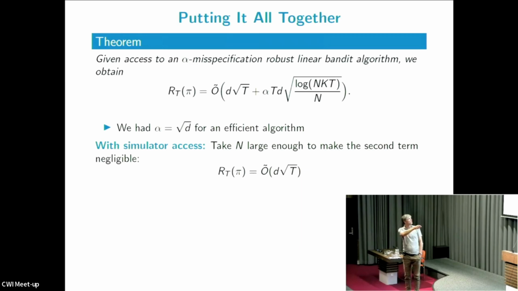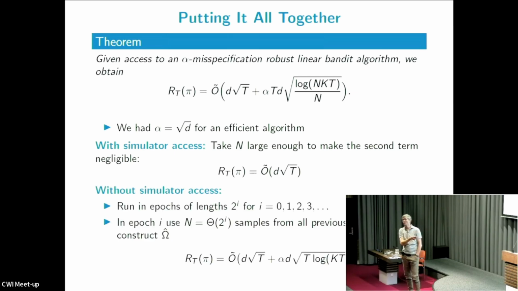You see here that there's a first term that's like d square root of t. So that's great. And there's a second term that depends on how many samples I have access to to construct my psi hat, this n. If I have a simulator, I can just take n large enough for this term to not be dominant. And then we get this rate. So that's the first variant.